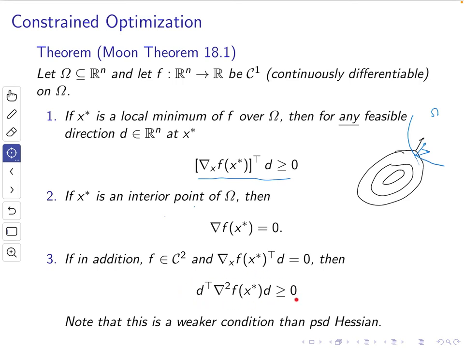This looks like positive definite, but positive definite would say that this is true for every D. Our condition here says that this is true only for those D's where the inner product with the gradient is equal to 0. And this is certainly a weaker condition than positive semi-definite, because it doesn't say the Hessian is positive semi-definite. It just says this quadratic form is positive for those D's that satisfy this condition.